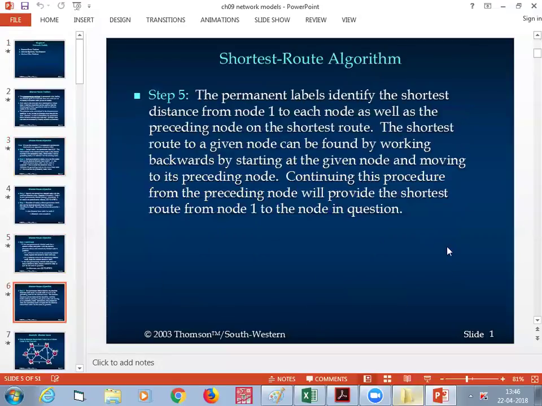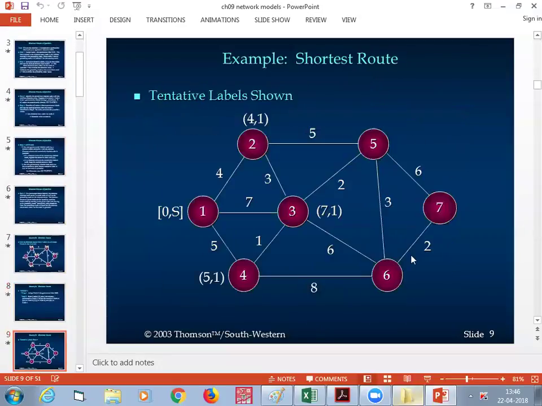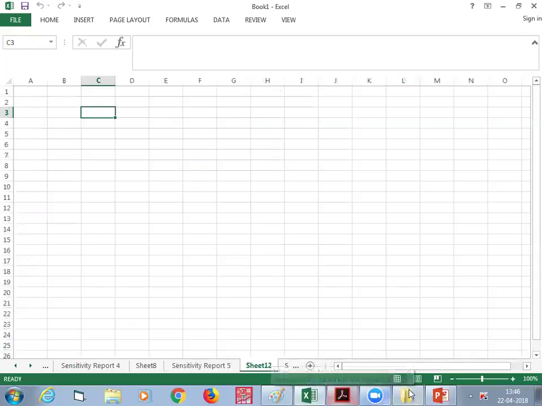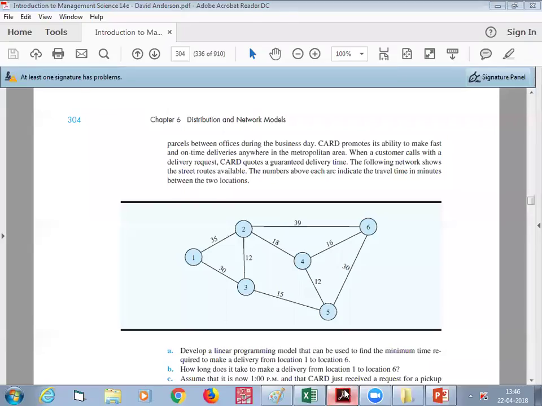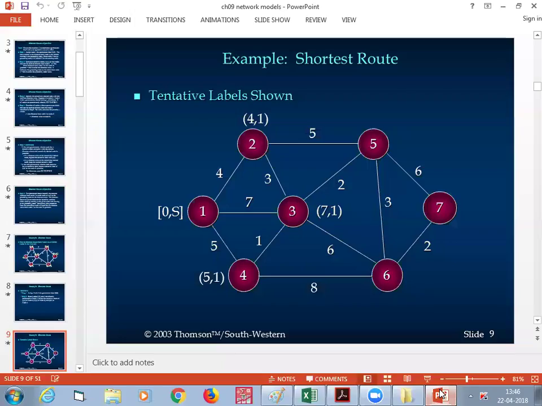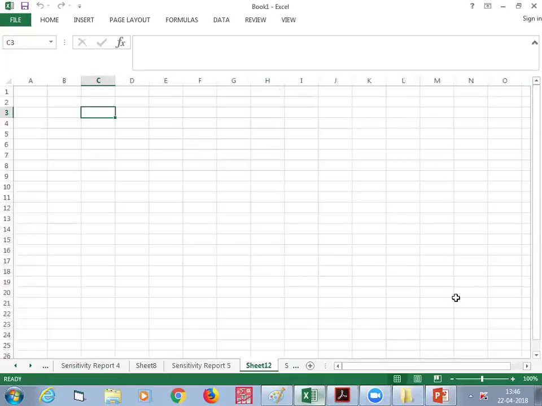Where's the picture? Okay, I think I'll use this picture. So my arrows are therefore, this is a simpler problem to solve. So the variables are x12, x13, x14.